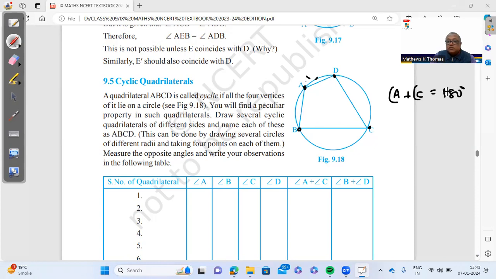So A plus C is 180. B plus D is also 180. See, these are 4 points. When I join the 4 points, I get a cyclic quadrilateral. Opposite angles of a cyclic quadrilateral will add up to 180 degrees.